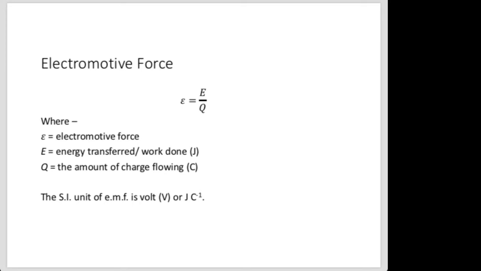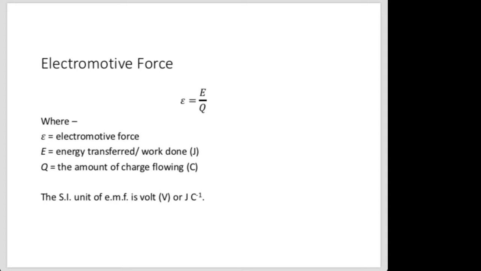Where you can create the formula that looks something like this. We have epsilon, or some character that looks like the letter E. So electromotive force equals energy transferred over the amount of charge flowing, so joules per coulomb.